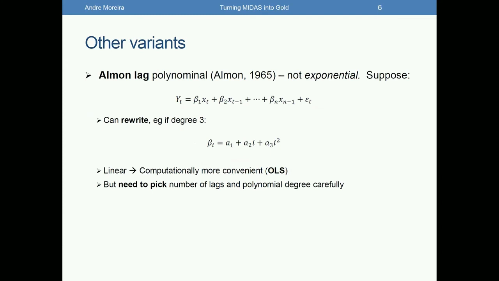And so one is still taking that restricted approach, so you're still using some parsimonious functional form. It's just the standard non-exponential Almon lag, which is just an additive linear polynomial, and you can rearrange the regressions such that you can estimate that by OLS.